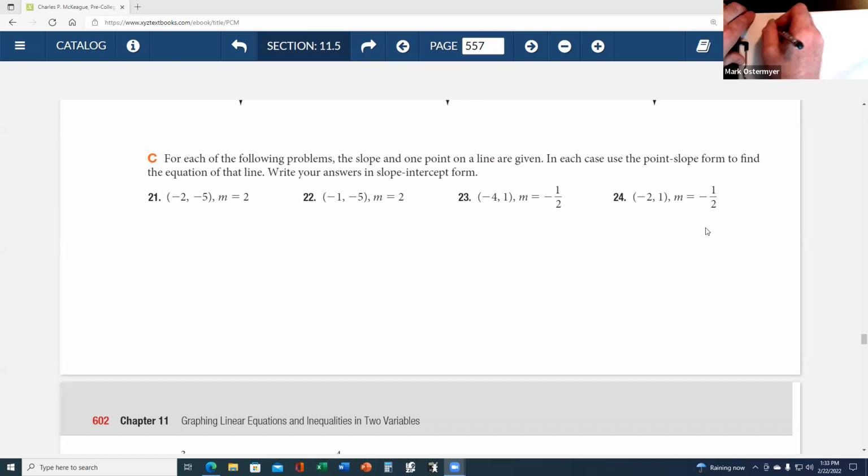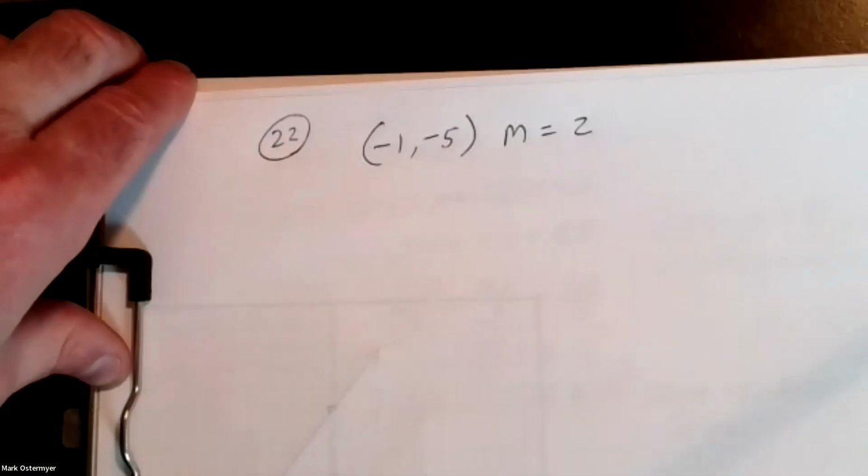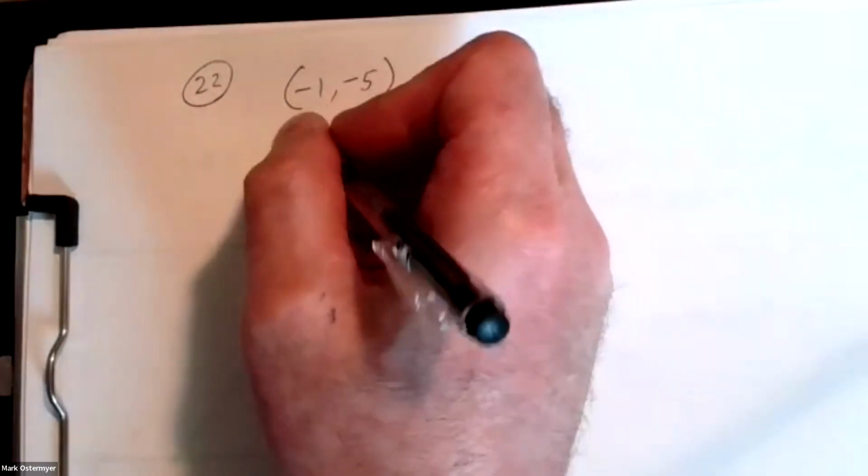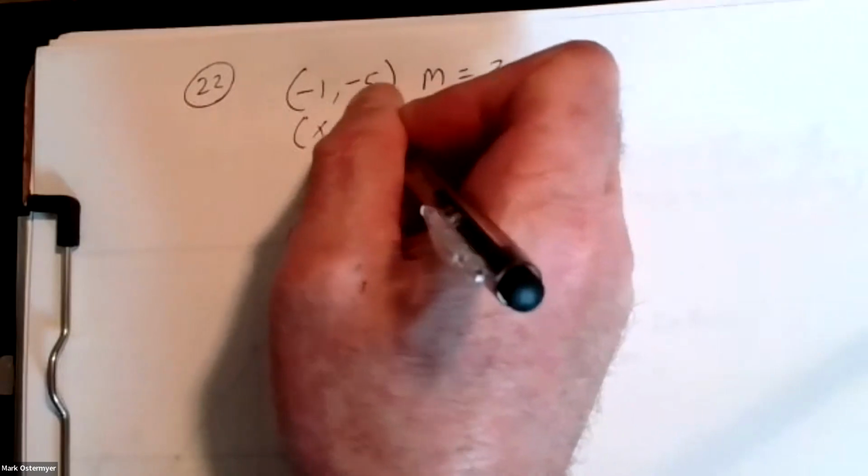In problem 22, they give us two pieces of information about a line. They give us a point that lies on the line, (-1, -5), and they indicate the slope of the line is to be +2. Using that information, they want us to write the equation of this line. So, ladies and gentlemen, they give us a point that lies on our line. I'll call it point x1, y1.